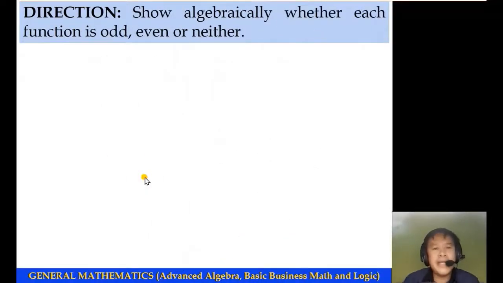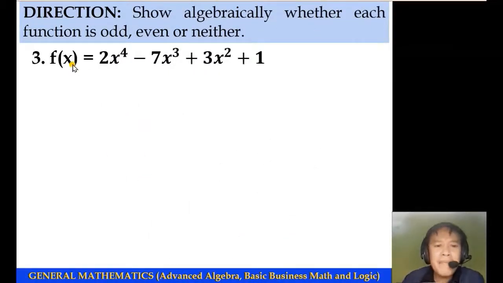Now we will proceed with number 3. f of x is equal to 2x raised to 4 minus 7x raised to 3 plus 3x raised to 2 plus 1. Observe all the exponents. We have 4, we have 3, we have 2, and we have x raised to 0. We have the 0 exponent there. Now, all of the exponents are even except 3.